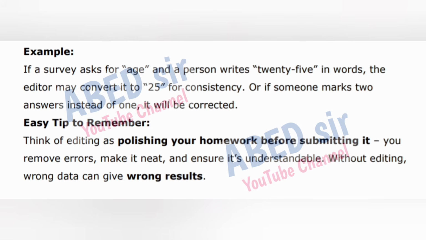Or if someone marks 2 answers instead of 1, it will be corrected. Easy tip to remember: think of editing as polishing your homework before submitting it. You remove errors, make it neat, and ensure it's understandable. Without editing, wrong data can give wrong results.